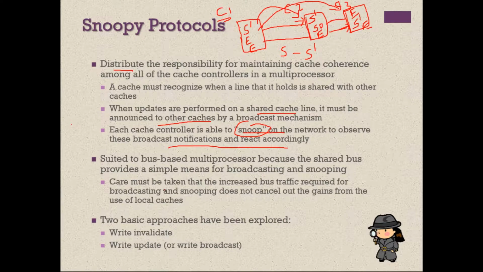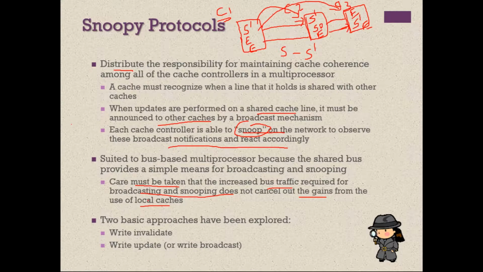Okay, so we have to take care in such a way that the increased bus traffic required for broadcasting and snooping does not cancel out the gains from the use of caches. This is something like profit and loss.